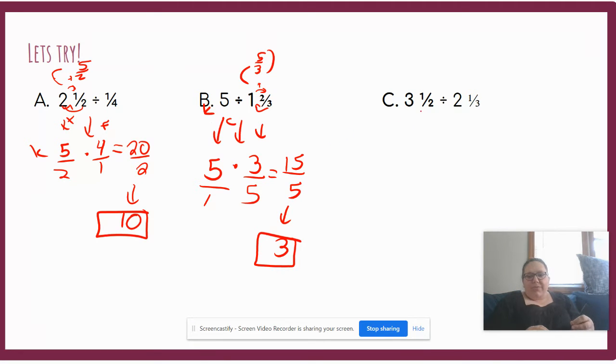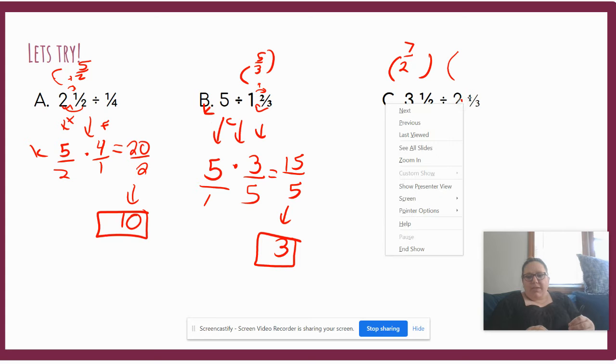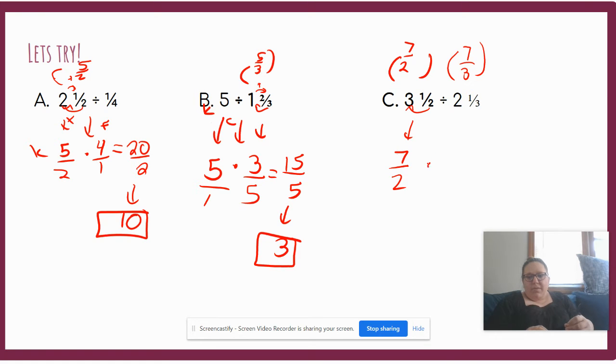All right, 3 1/2 divided by 2 1/3. So here we actually have two mixed numbers, so it's going to be a little bit longer of a process. 2 times 3 is 6, plus 1 is 7/2. 3 times 2 is 6, plus 1 is 7/3. So now 7/2 is going to be my keep. Change to multiplication.